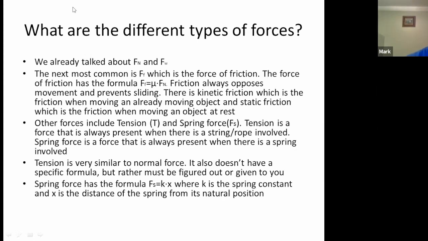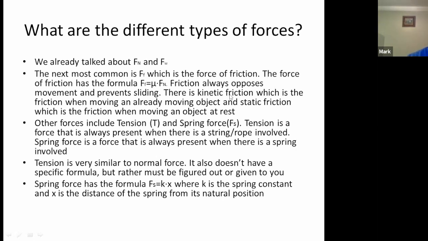The K constant is the spring constant, and it depends on each spring. If you want to think about it like the elasticity of the spring itself, but they'll always give you what K is. It's just the specific constant for the specific spring they're giving you. So I don't know what the K constant of this spring is, but whatever it is, it's just what it is for this spring, and a different spring would have a different K constant.